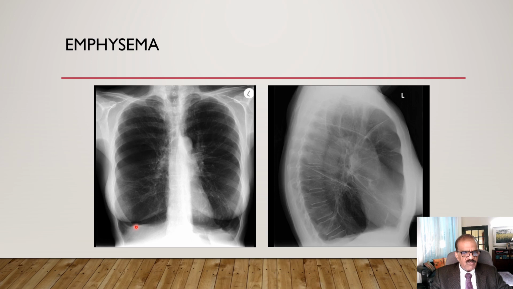Heart size is smallish because in emphysema your vertical lung dimensions are increased and the diaphragm goes down. Since the heart sits on the diaphragm, normally an oblique structure, it becomes more vertical, so it becomes more or less tubular.